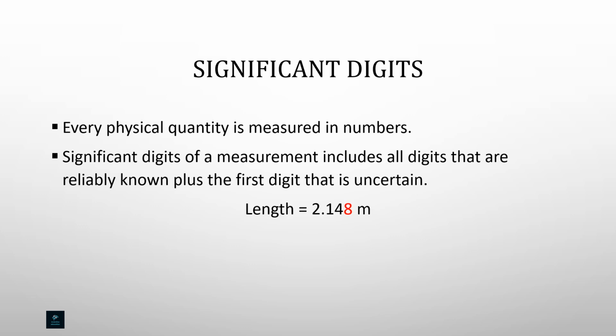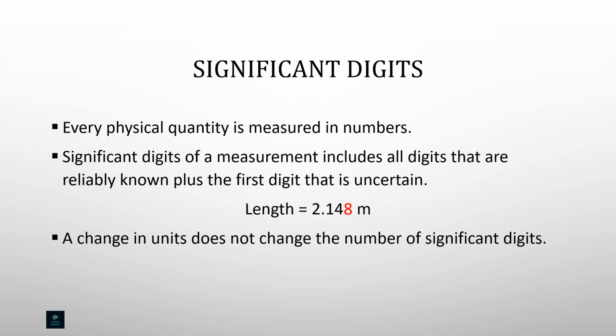For example, if a length of a certain object is represented as 2.148 meters, the digits 214 are reliably known and digit 8 is uncertain. Therefore, the significant digits of this measurement are 4 and they are 2148. A change in unit does not change the number of significant digits.